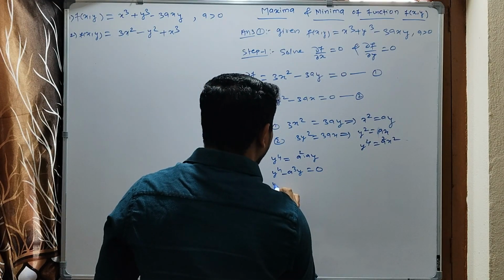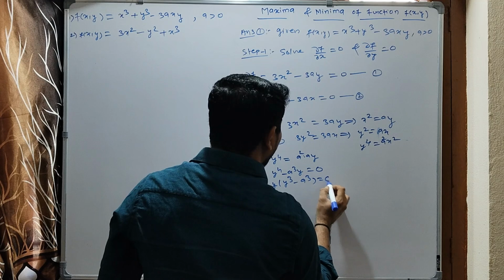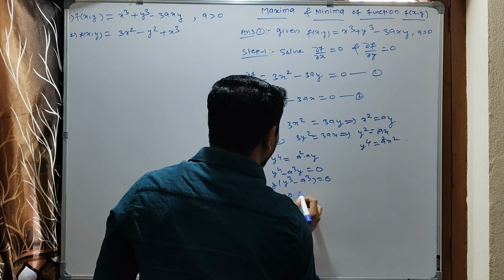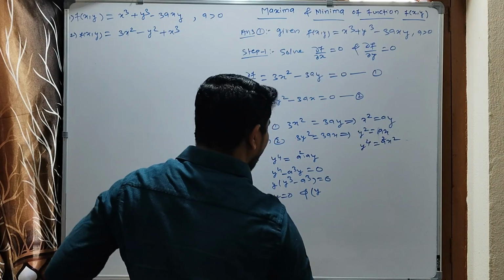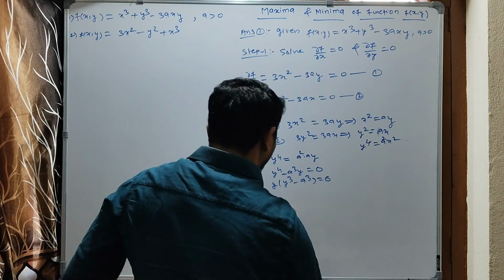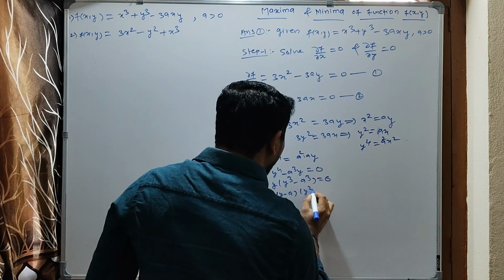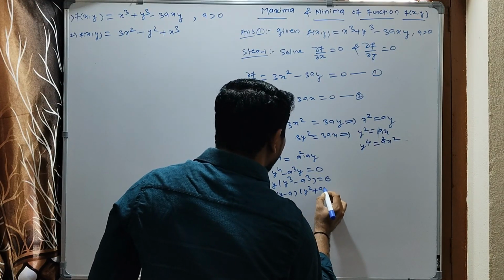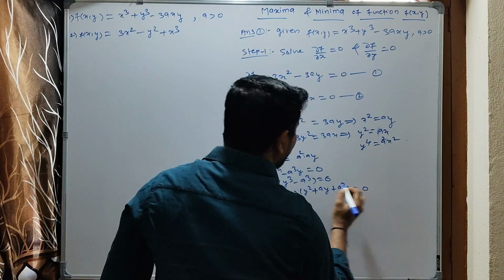So here I will take y common, so y cube minus a cube which is equal to 0. This implies y equal to 0, and so here I will write this as y minus a into y square plus a y plus a square which is equal to 0.